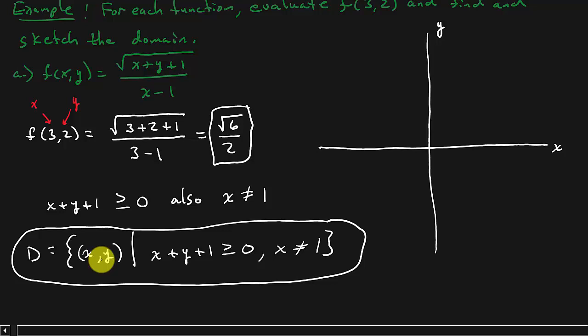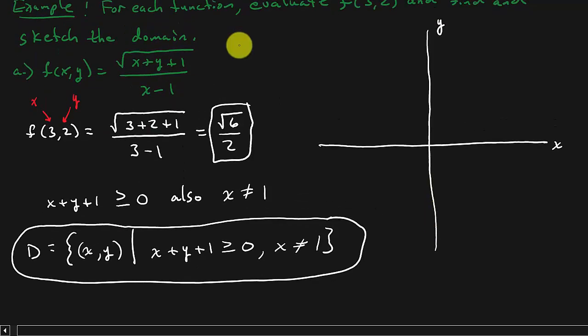All right, so the thing I need to do is I need to graph this line here, because I know the domain has to be greater than or equal to this line here, right? That's what we know. So for this, I can actually write this. Let's see, x plus y plus 1 equals 0.